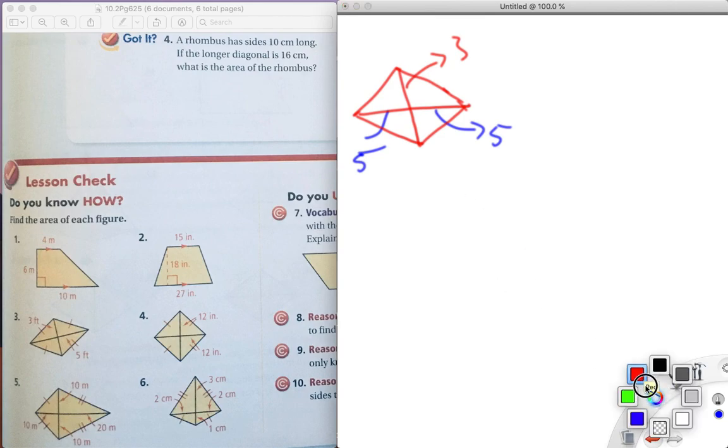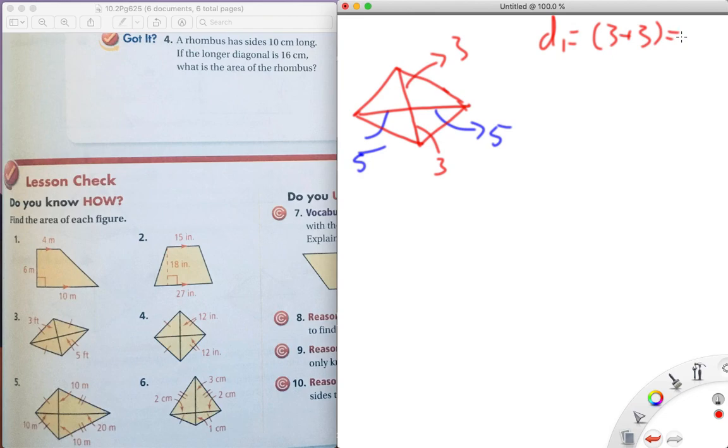If that's 3, then this is also 3. So we can call the red diagonal 1. That's going to be equal to 3 plus 3, which is 6. And then we have diagonal 2, which is 5 plus 5, which equals 10.